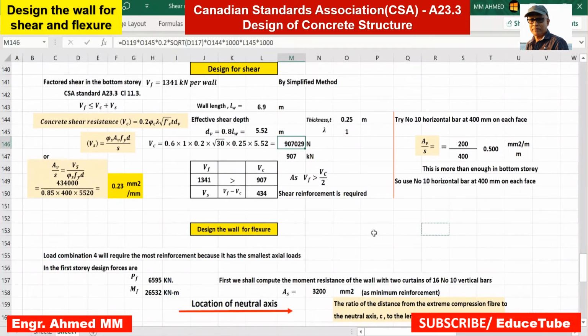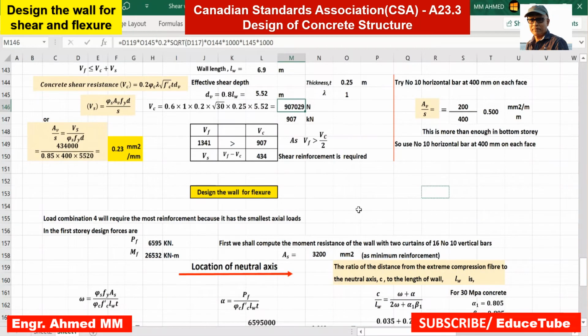Now design the wall for flexure. So what we will do? The axial load on the wall is less than the balance load.